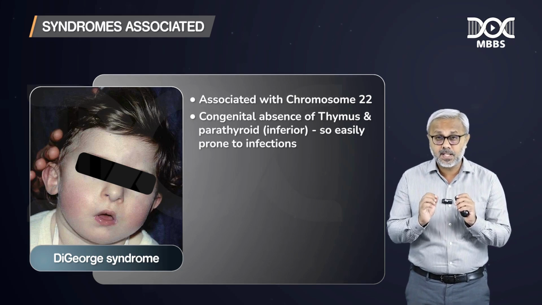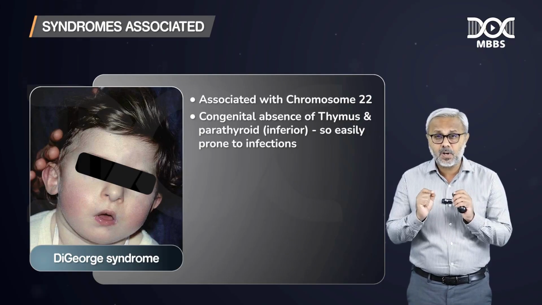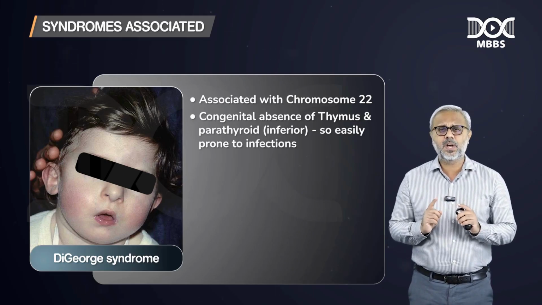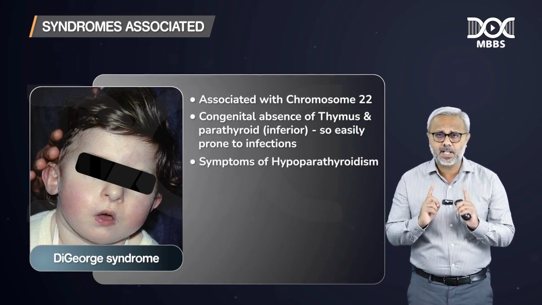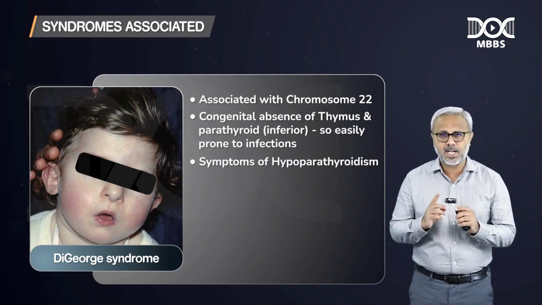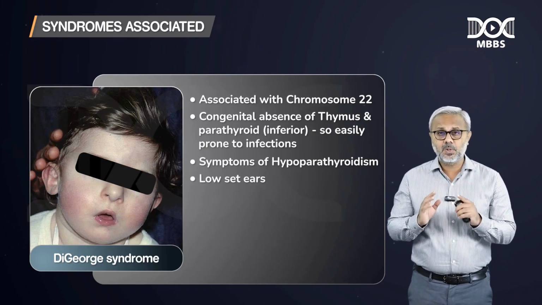Remember, thymus is a primary lymphoid organ responsible for training of T lymphocytes. Apart from this, these children will also have symptoms of hypoparathyroidism. Apart from this, one more important clinical feature you can identify here is the low set ears. What do we mean by low set ears?